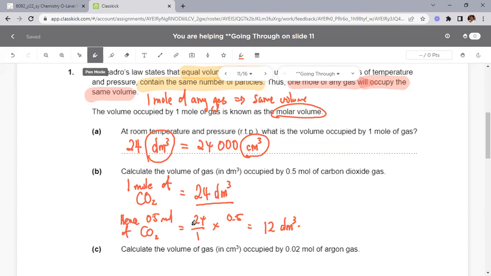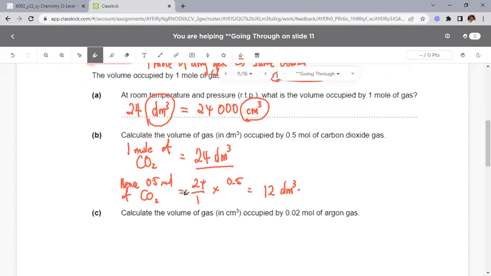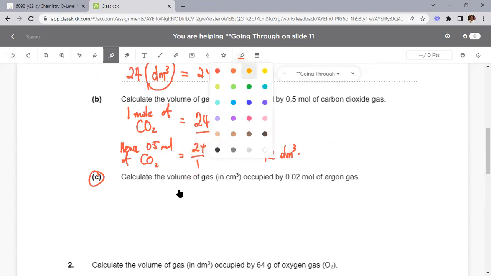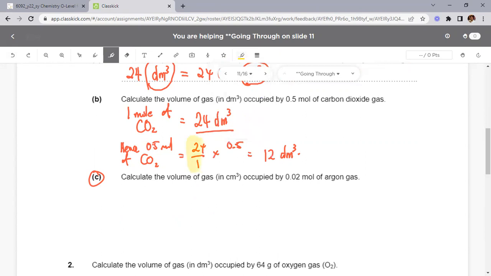So this is how you go about it, really by simple proportion. I want you to try part C just to make sure that you get a hang of how this proportion works. So 1 mole occupies 24 dm cube. Then if I have 0.5 mole, it's literally just half of it. But I want you to do it in terms of this working, because not every single proportion is like 0.5.